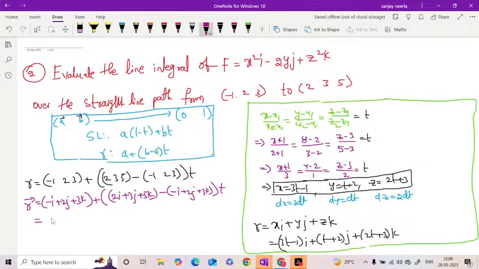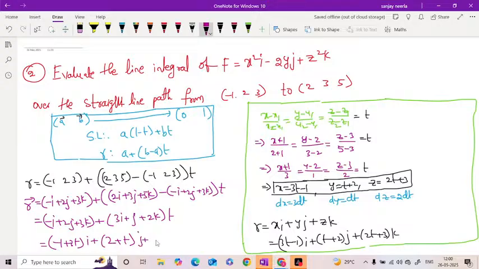That means here we will get minus i plus 2j plus 3k plus 3i plus j plus 2k into t. After rewriting, what we will get here? Minus 1 plus 3t into i plus 2 plus t into j plus 3 plus 2t into k.